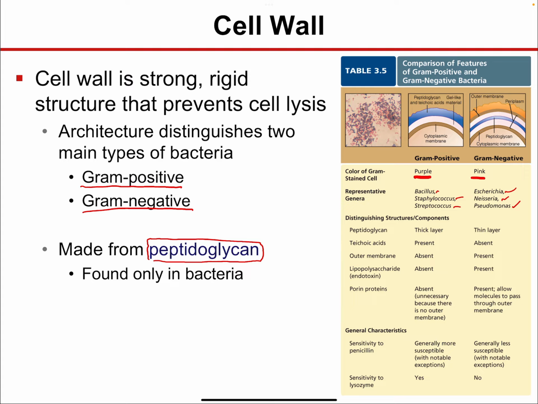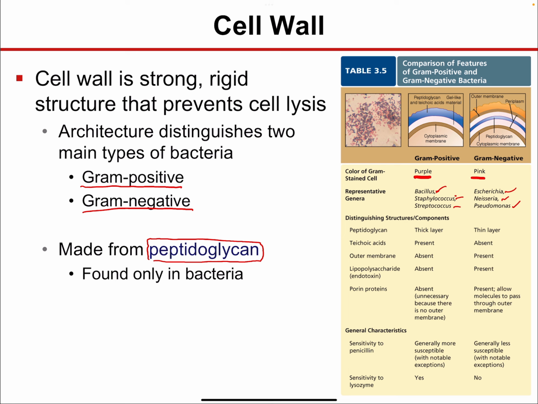Okay, Escherichia coli is found in our digestive tract, right? Neisseria gonorrhoeae is responsible for a sexually transmissible disease. Pseudomonas is very much a problem in burn patients, right? While Bacillus, for instance Bacillus anthracis, causes anthrax.